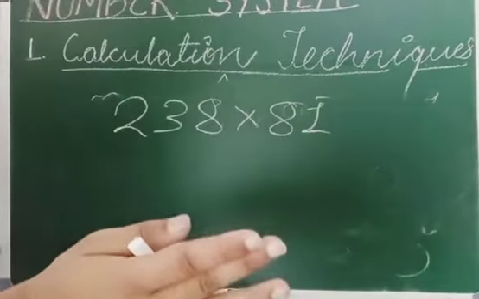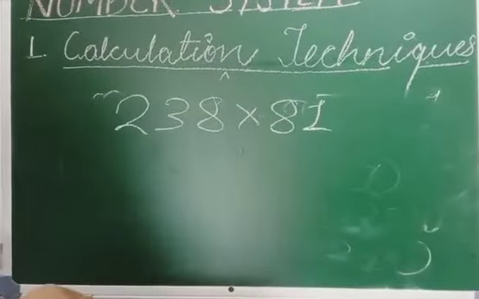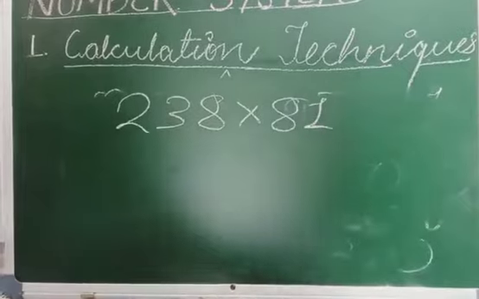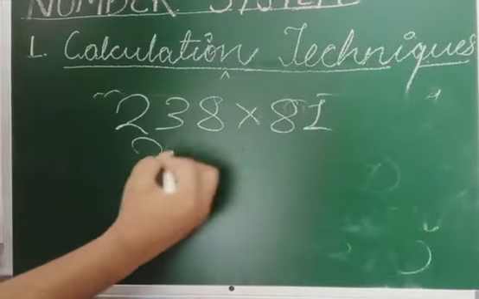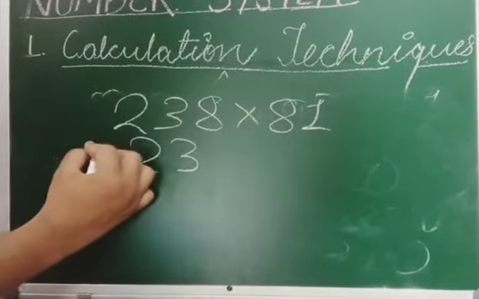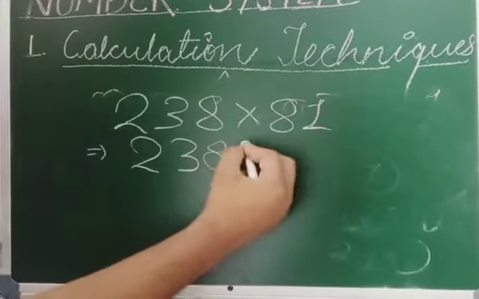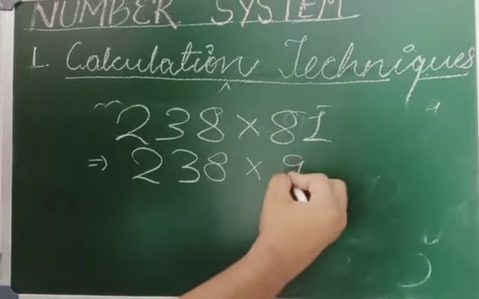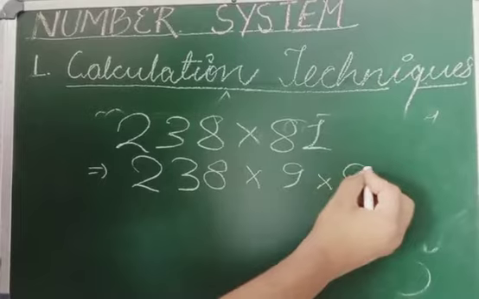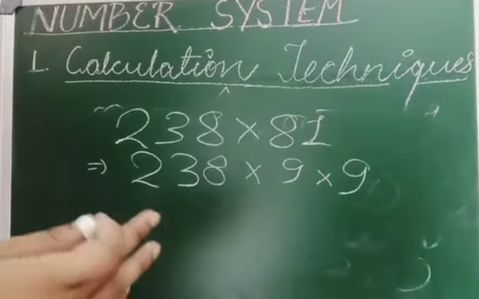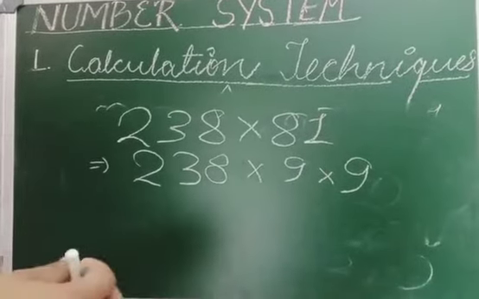So what we will do, we will write 238 into 9 into 9. We can write 81 as 9 into 9.